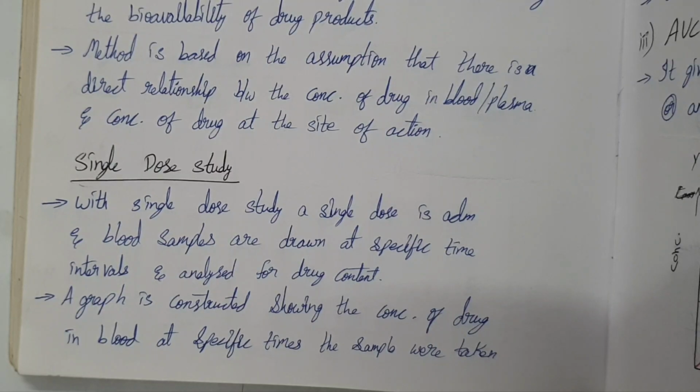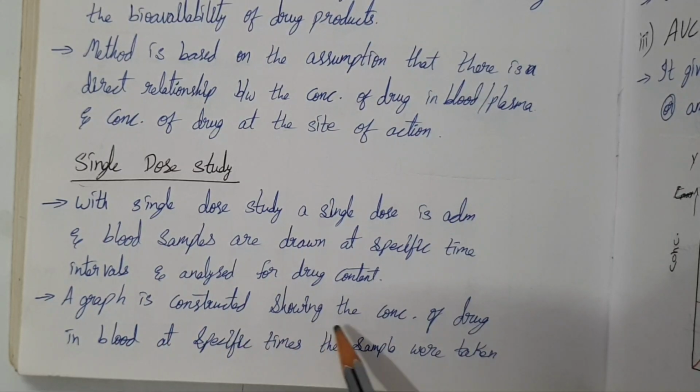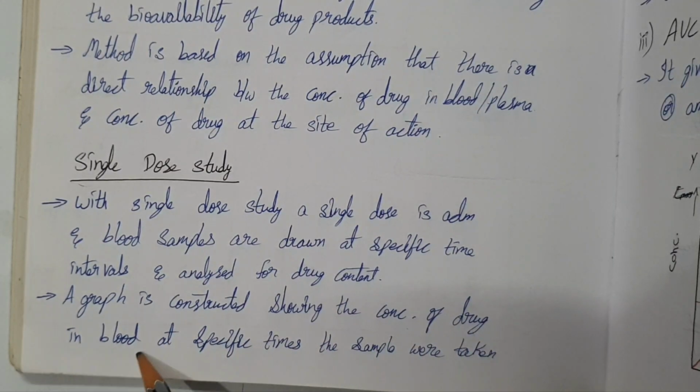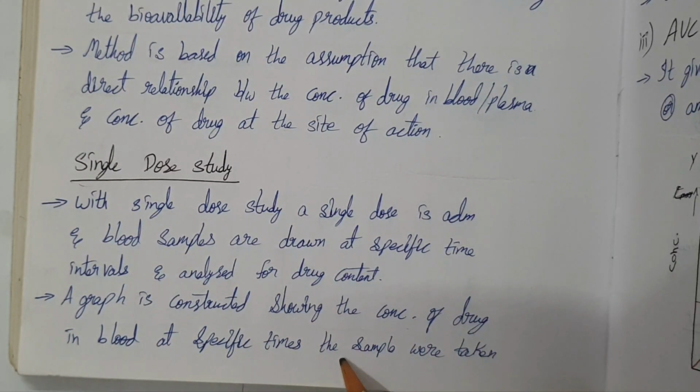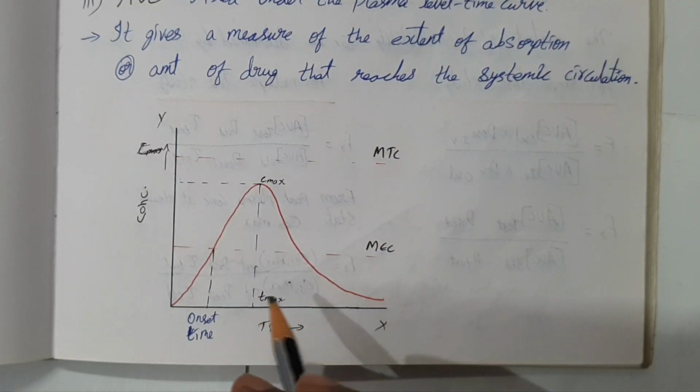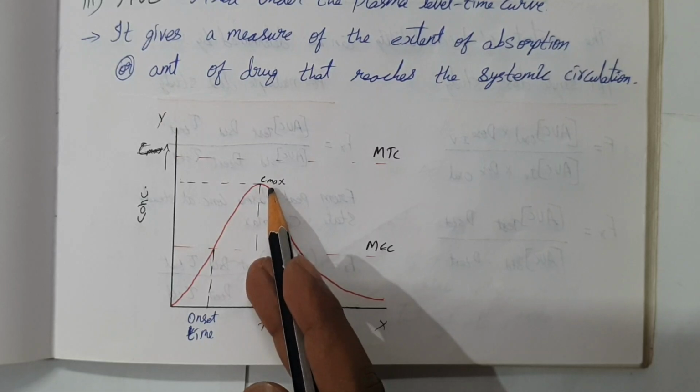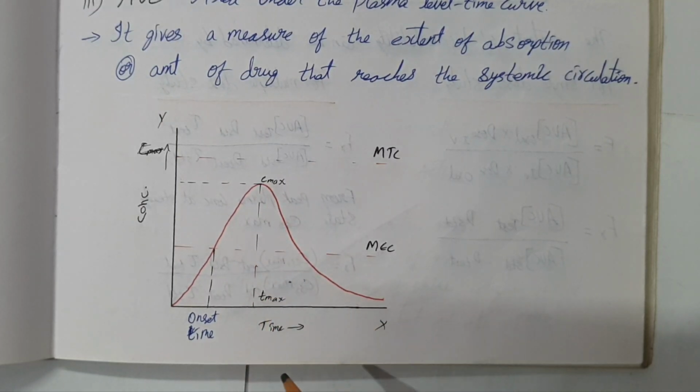With the single dose study, a single dose is administered and blood samples are drawn at specific time intervals and analyzed for drug content. A graph is constructed showing the concentration of drug in blood at the specific times the samples were taken. From this graph, we'll get the three key parameters: Cmax, Tmax, and AUC.